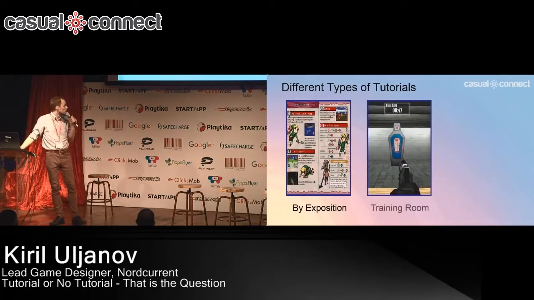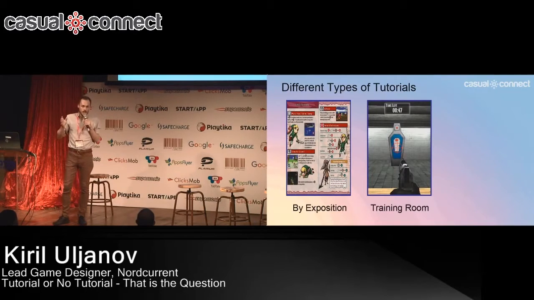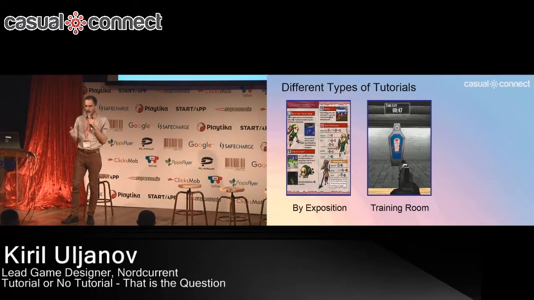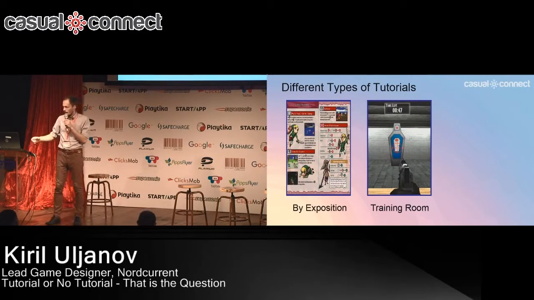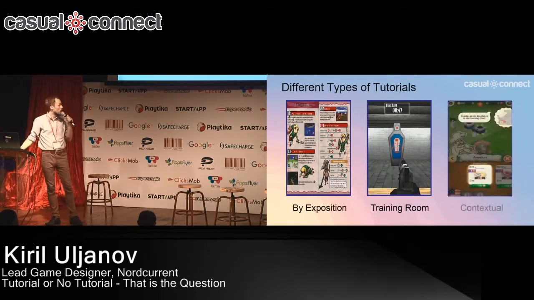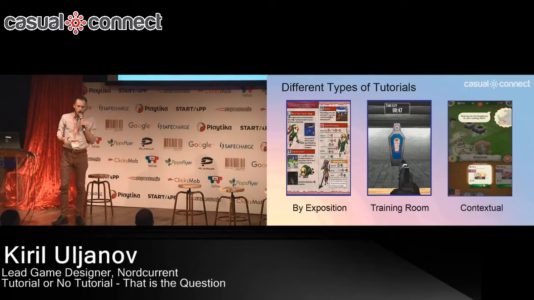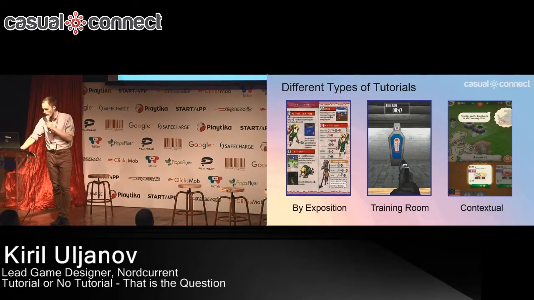The second type is training room, and it is actually what it sounds like: a room or a level or a sequence of such which walks the player through actions they need to know in order to play. And the third type, contextual tutorial, is practically a mix of the two previous types, where information is spread out and presented more gradually during the gameplay.